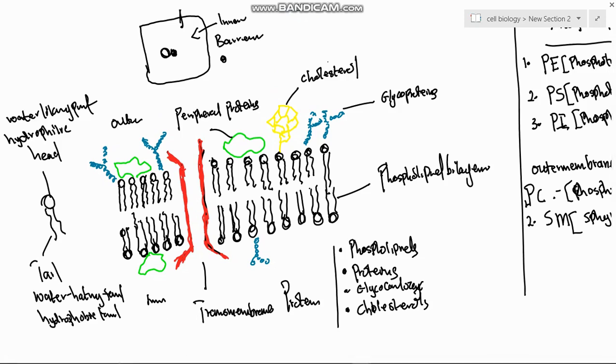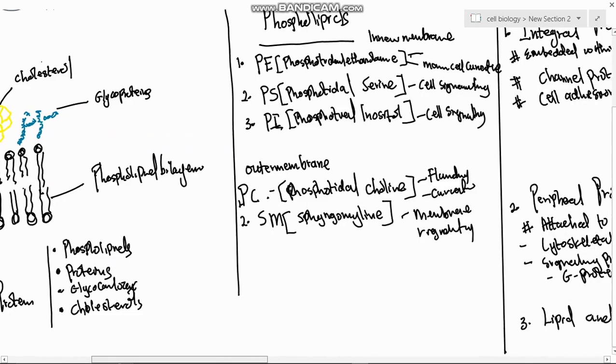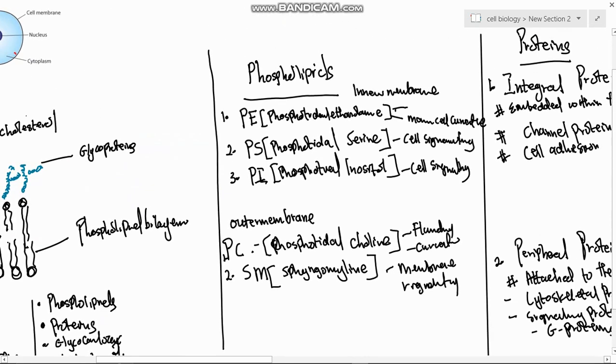Then we talked about the phospholipids. The plasma membrane is divided into the inner and the outer membrane leaflets. The inner leaflet consists of phospholipids such as phosphatidylethanolamine, phosphatidylserine, and phosphatidylinositol, and the outer leaflet consists of phosphatidylcholine and sphingomyelin.